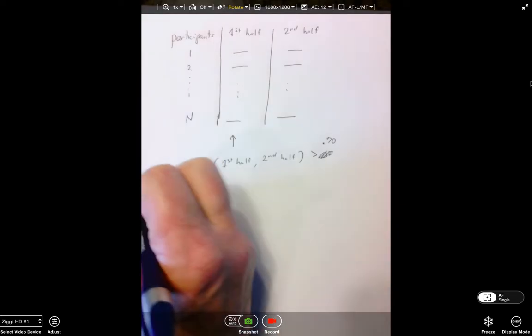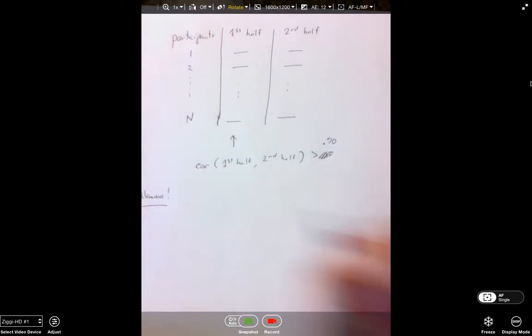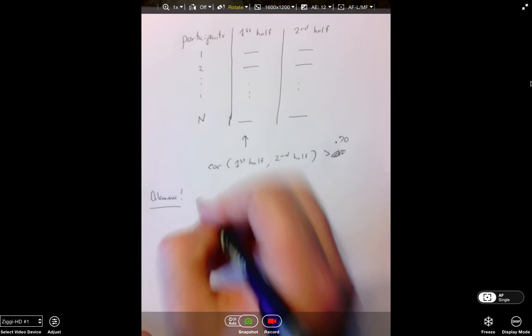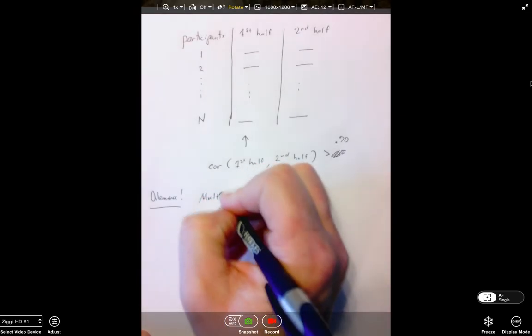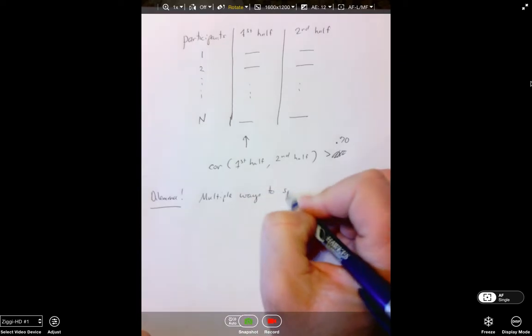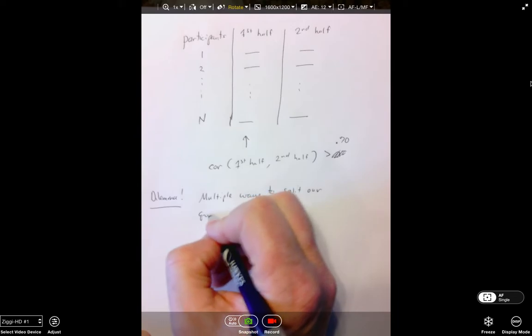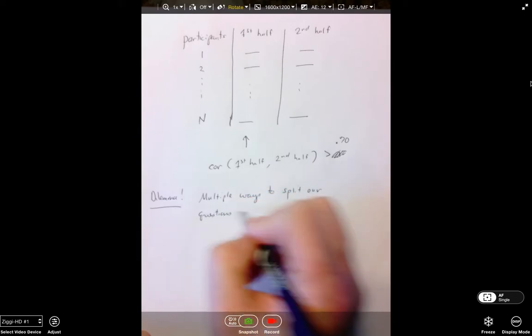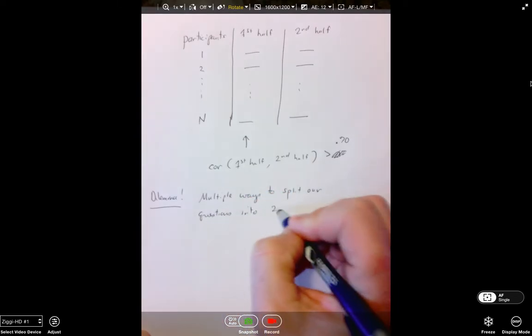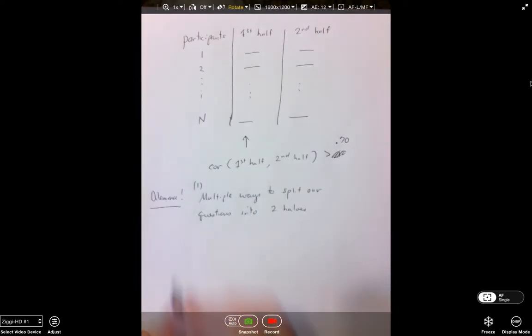Now, there's a dilemma here. And the dilemma is pretty obvious, isn't it? There are multiple ways to split our questions into 2 halves. So that's dilemma number 1.